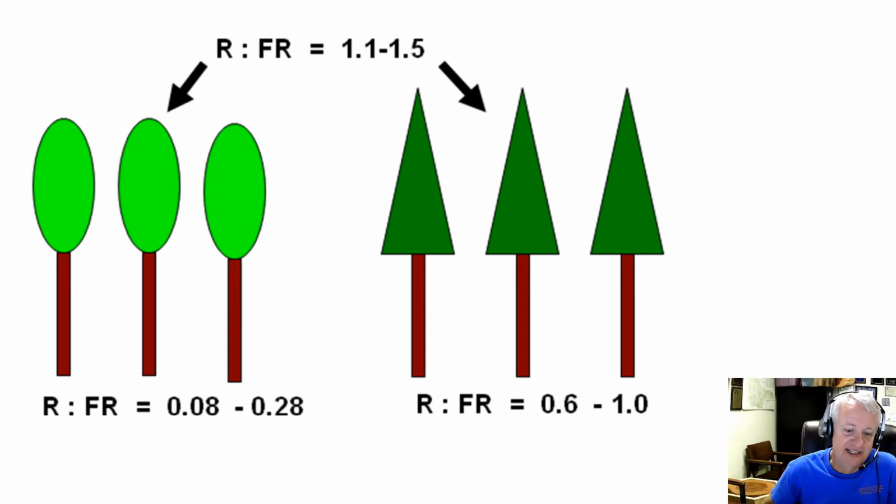So for instance, like I mentioned, red to far red ratio in the atmosphere from the sun tends to be about 1.1 to 1.5. Under broadleaf canopies, red to far red ratio is much lower, 0.08 to about 0.28, whereas underneath conifer canopies, it's much higher, about 0.6 to 1.